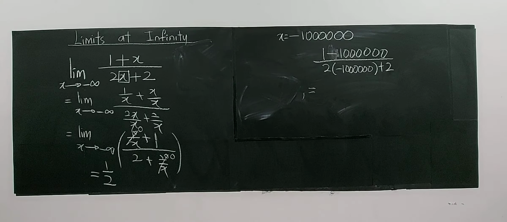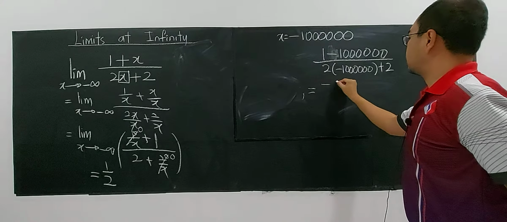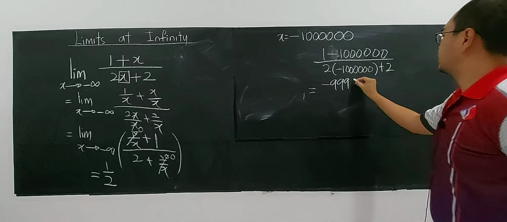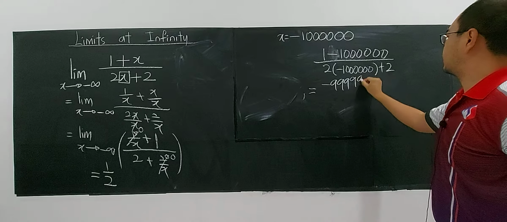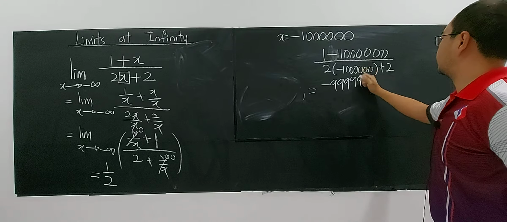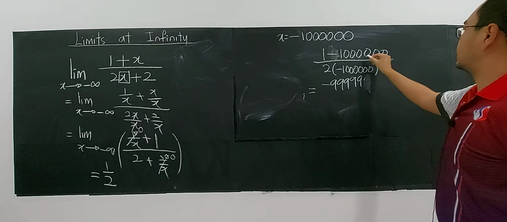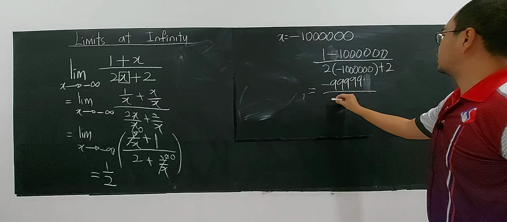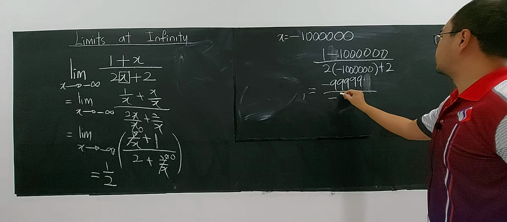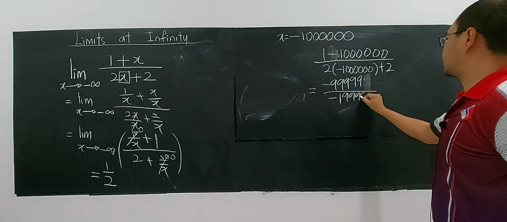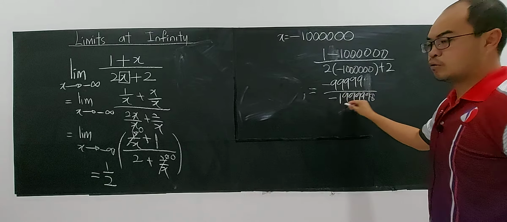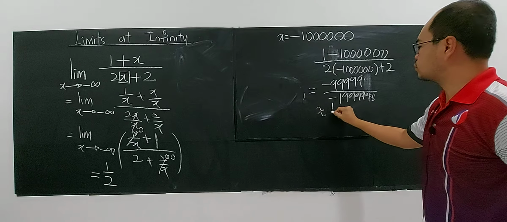Why? Because the numerator you may get is negative 999,999, and you divide it by the denominator, which may be negative 1,999,998. The ratio when you divide is almost 1/2.